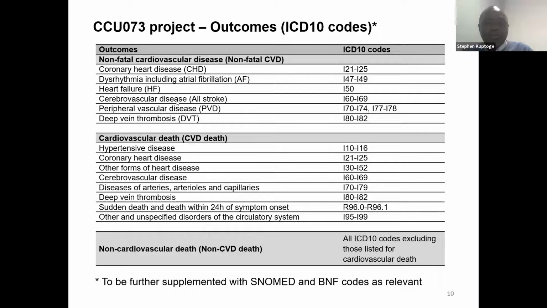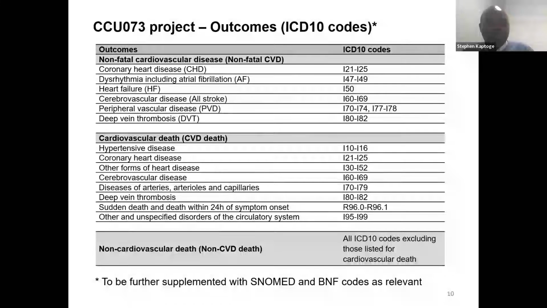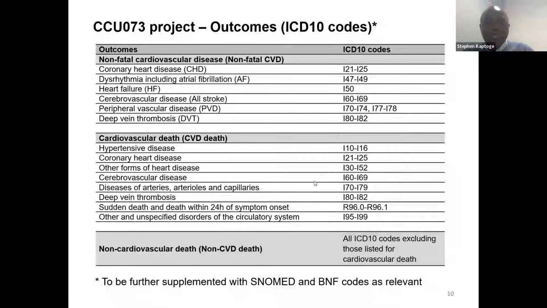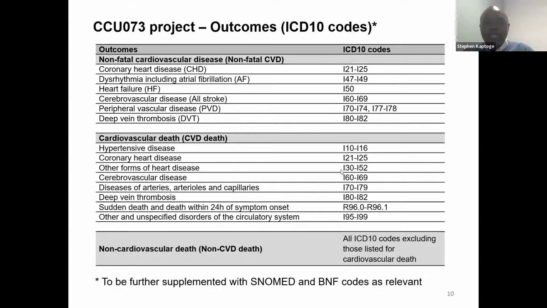We've chosen to be specific for those because we want to see the specific association between age of diagnosis and each of those outcomes. But we will also extend to a wider definition of cardiovascular mortality, which includes hypertensive disease and all other ICD codes, including sudden death and all other codes which may be associated with CVD. And then we will define non-CVD death as any death which is not in the CVD category.